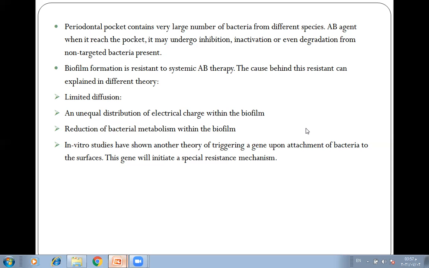Some in vitro studies have also shown that some genes are triggered upon bacterial attachment to any surface, for example the root surface, and these genes provide a special resistance against antibiotic agents.